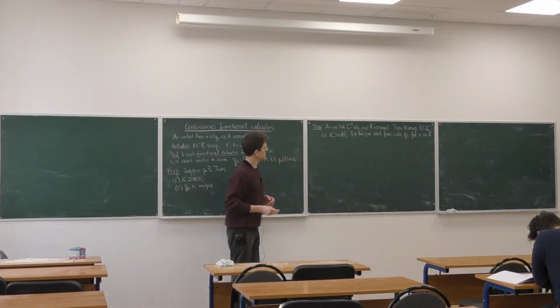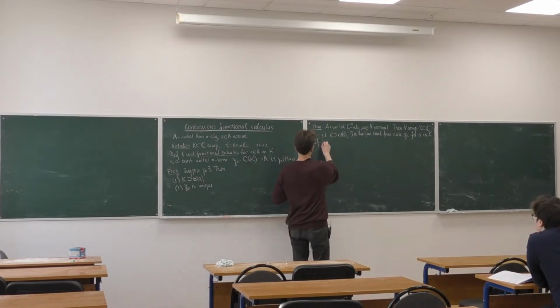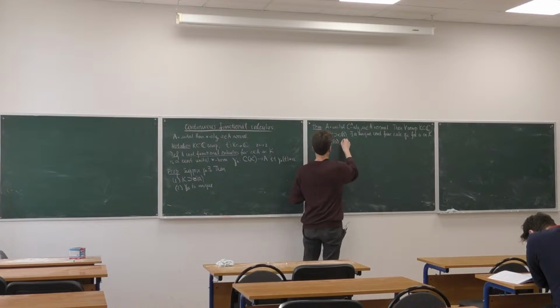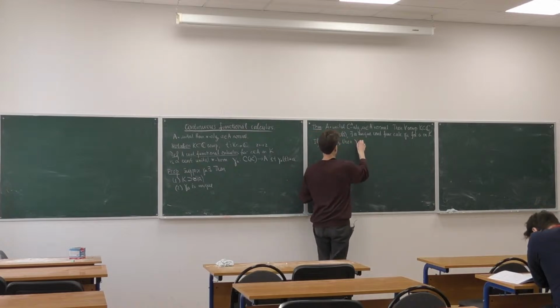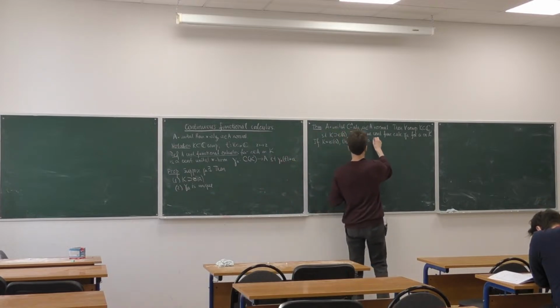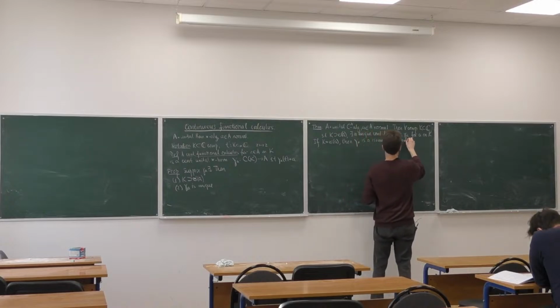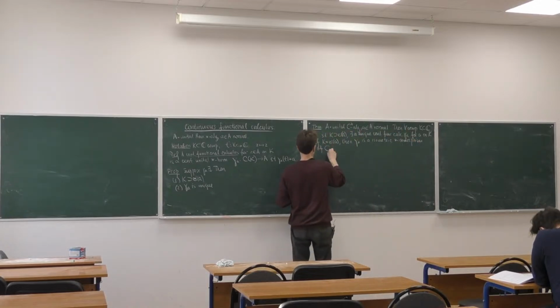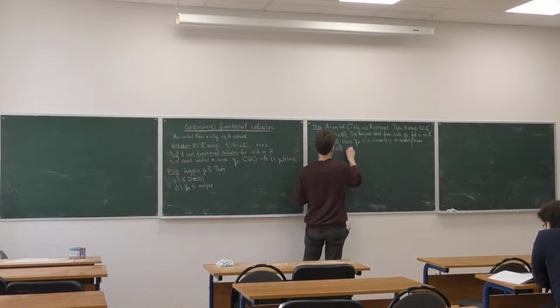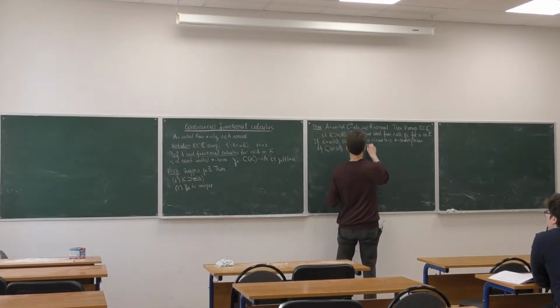And moreover, if K is exactly the spectrum, if K equals the spectrum, then this gamma is actually an isometric star isomorphism of the algebra of continuous functions on the spectrum onto the C-star subalgebra of A generated by a and the identity.